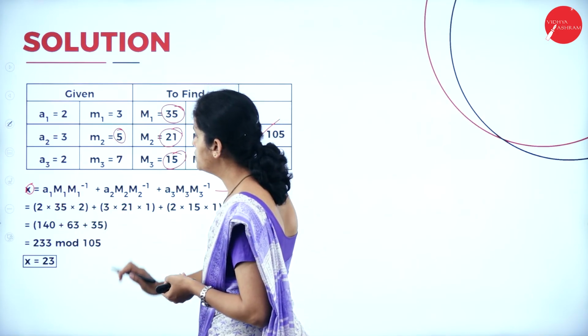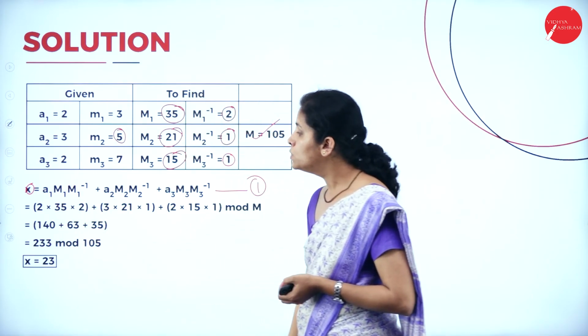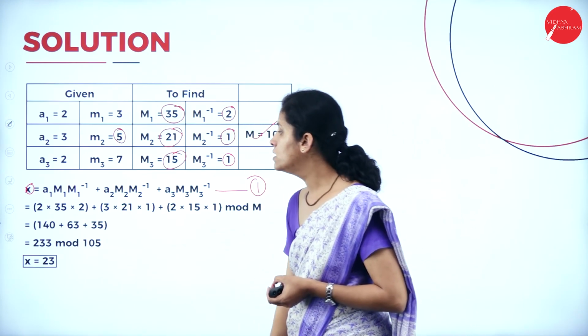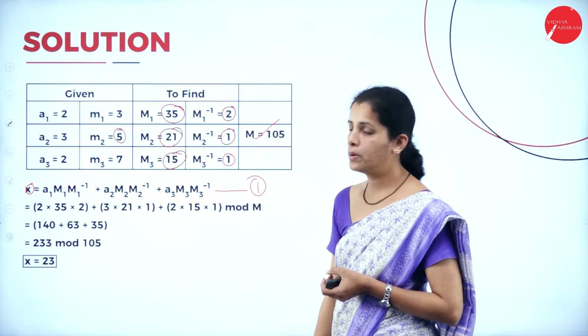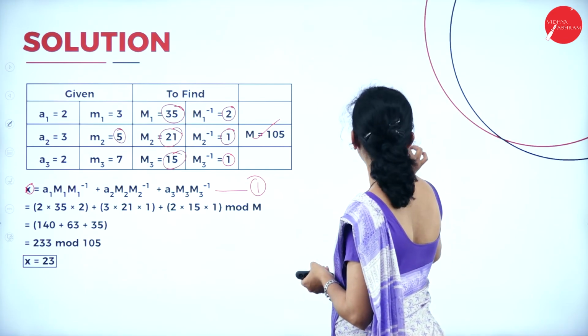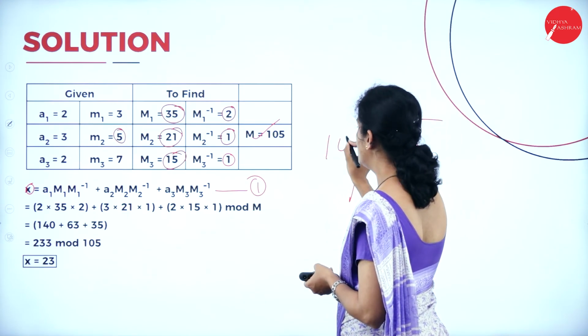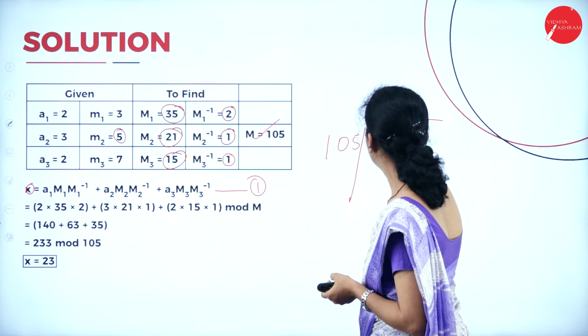After substituting I'm going to get 233 and I'm going to perform the modulo operation, that is 233 mod 105.